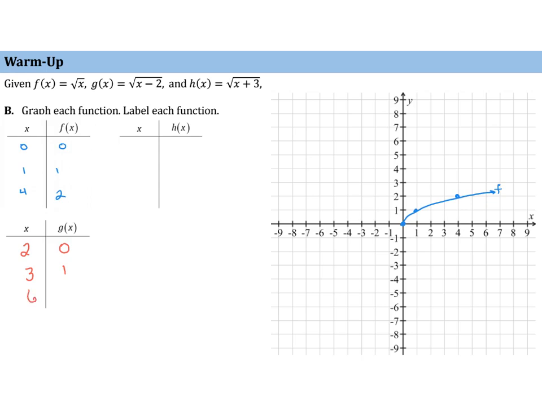And so if we put in 6, we get the square root of 4, which is 2. So if we plot those points, 2, 0, 3, 1, and 6, 2, there's g. And so you'll notice that what we've done is we've really shifted the graph of f to the right 2 units.